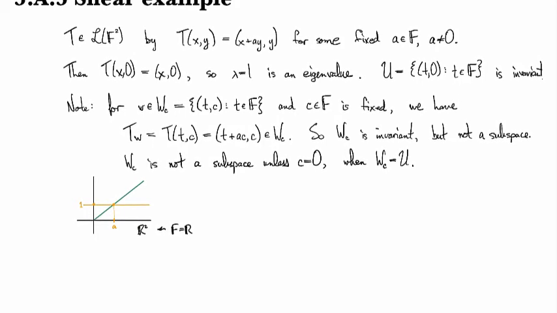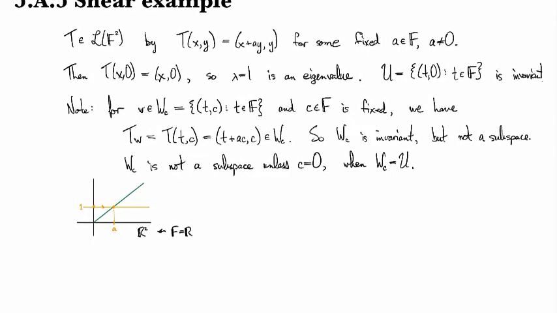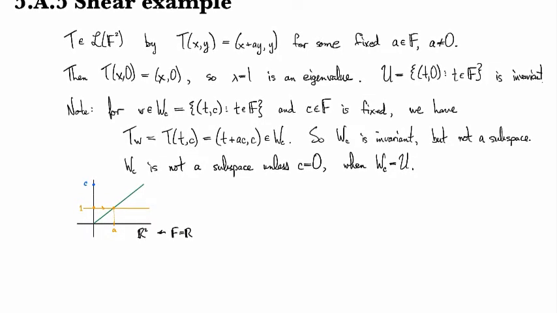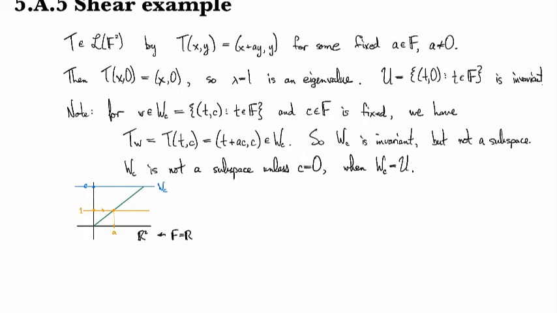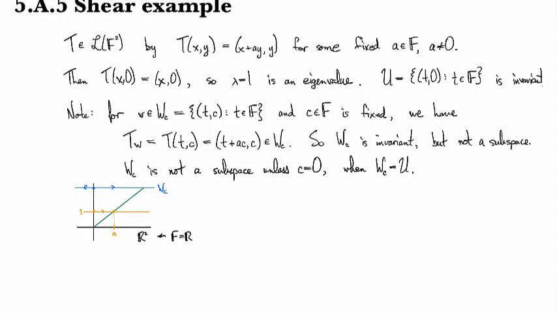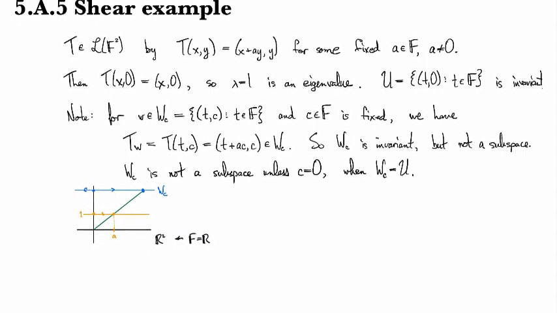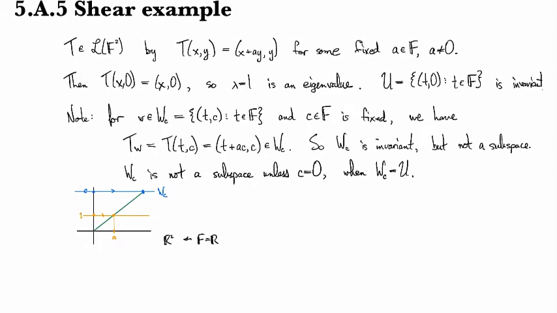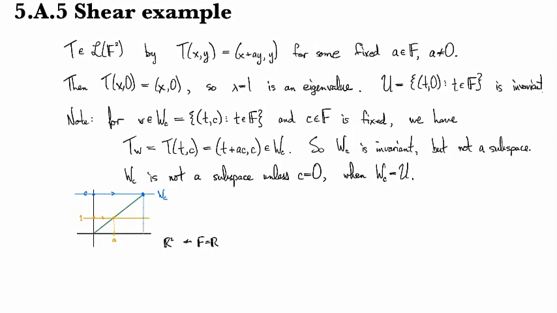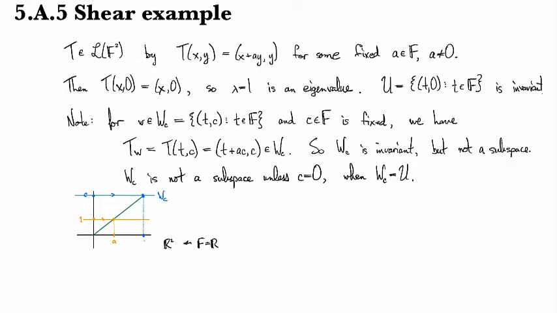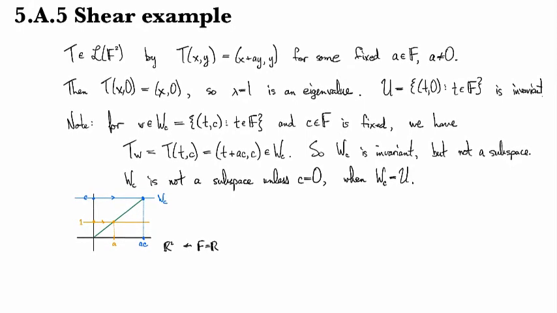So the vector that started here at 1 got shifted over there to A. If I were to look at some other point up here, C, then this line across here is going to be my WC, and the action of T is going to move it to the side here over to this point right here, which would correspond to this point here, A times C. So that's what this transformation is doing to F2.